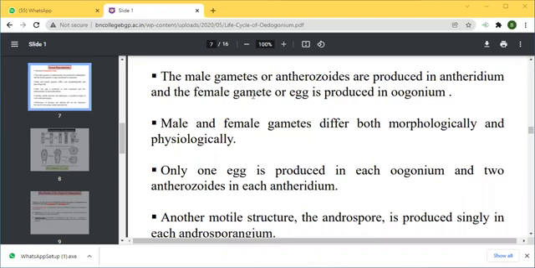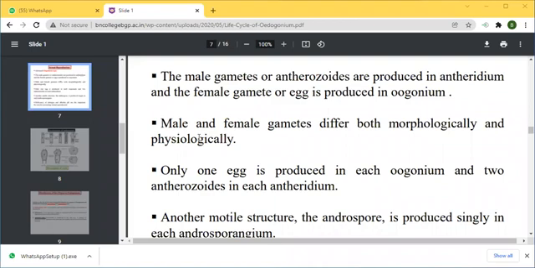Here the gametes are most important, male gamete and female gamete. But male and female are morphologically and physiologically different. What is the difference between them?